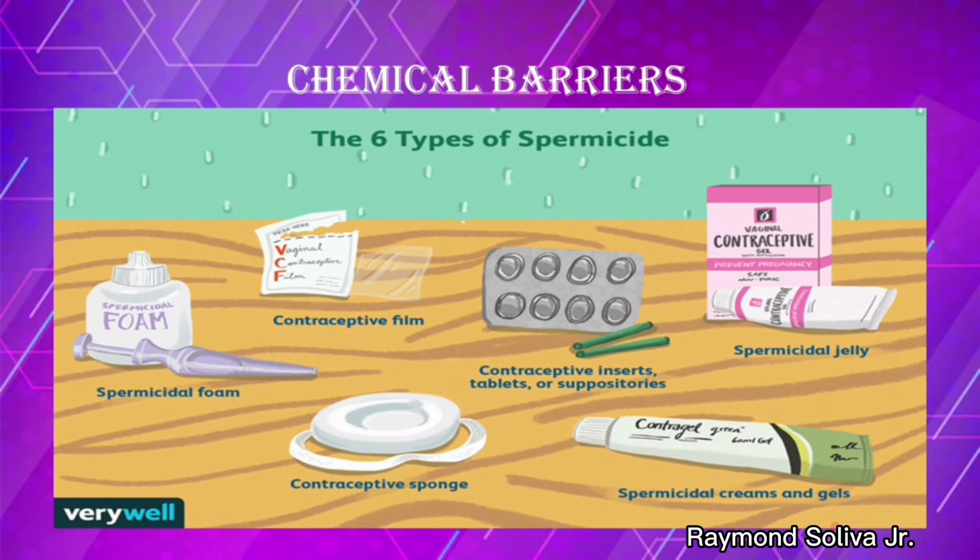There are 6 types of spermicides, such as contraceptive film, spermicidal foam, contraceptive sponge, contraceptive inserts, tablets or suppositories, spermicidal gel, spermicidal cream, and gels. Ang example nito yung mga implants, kung medyo familiar kayo. Spermicides are usually available without a prescription or medical examination.